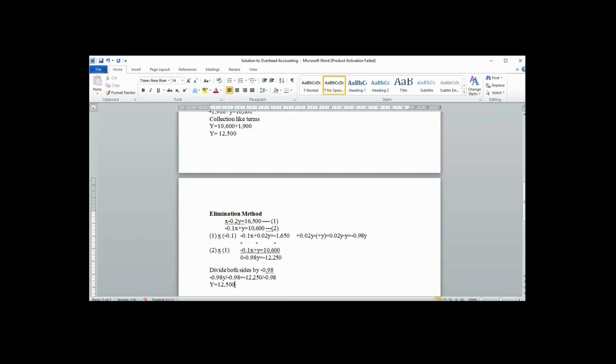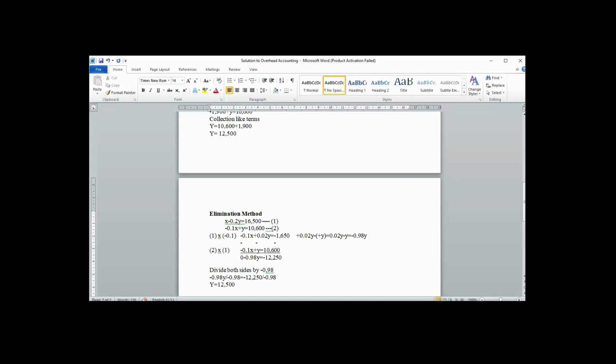But the thing is there is a negative sign in front of minus 12,250. Where is the negative? What about the negative from the other end, from minus 0.98? Okay, sorry, I get it. They cancel one another. Yes.